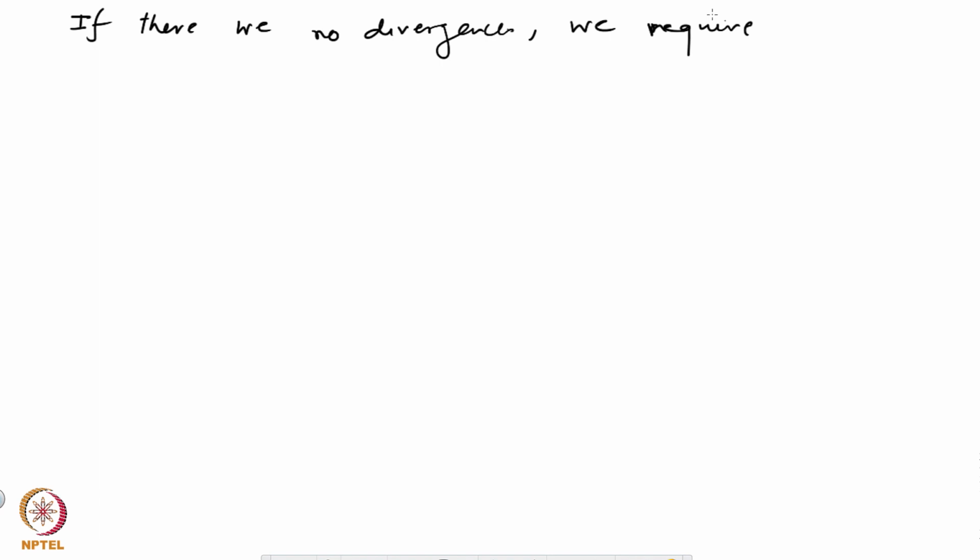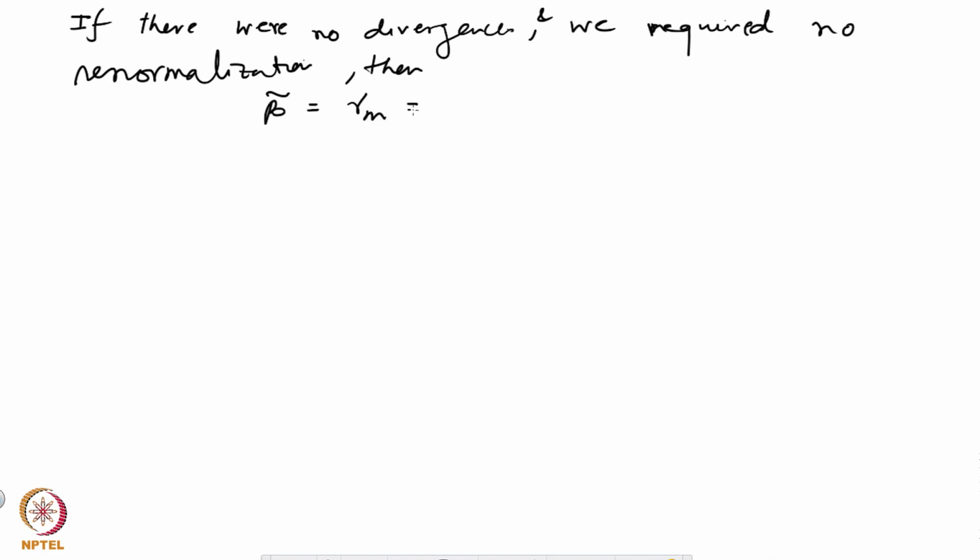If there were no divergences and we required no renormalization, then β̃ would be 0. γ_m, as we have seen, would be 0. γ̃_m would be 1. γ_φ would be 0.